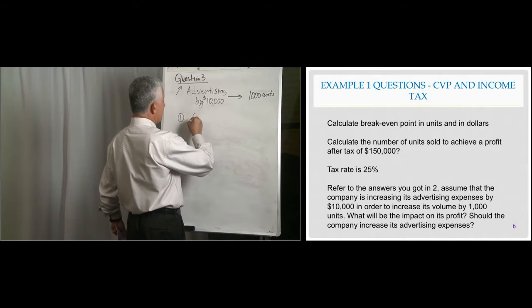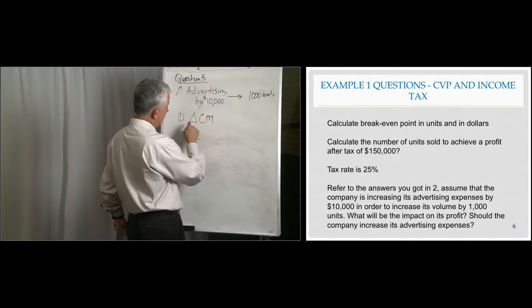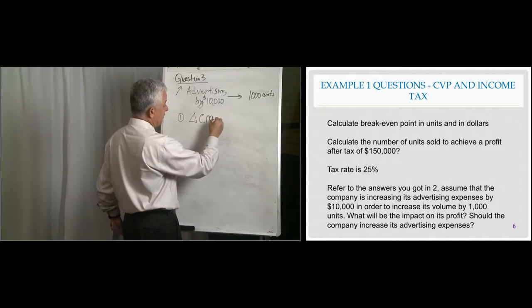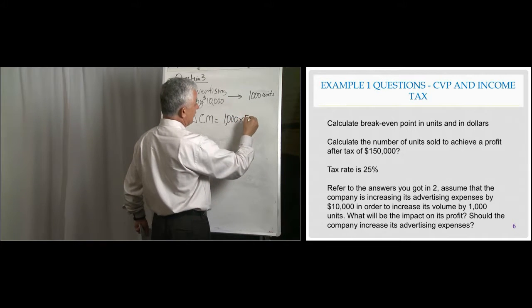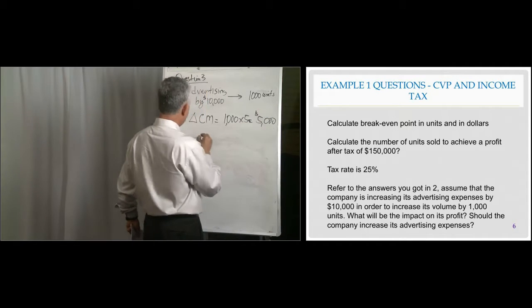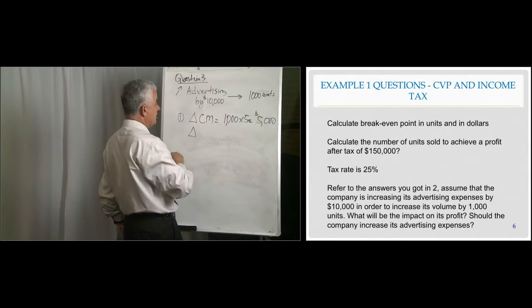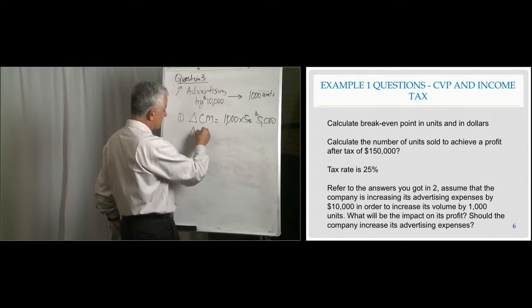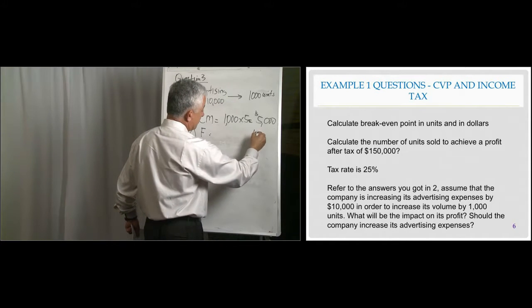Then what is the increase in contribution margin? It would be 1,000 times 5, which is 5,000. But the incremental fixed cost, F, is going to be the advertising cost, which is $10,000.